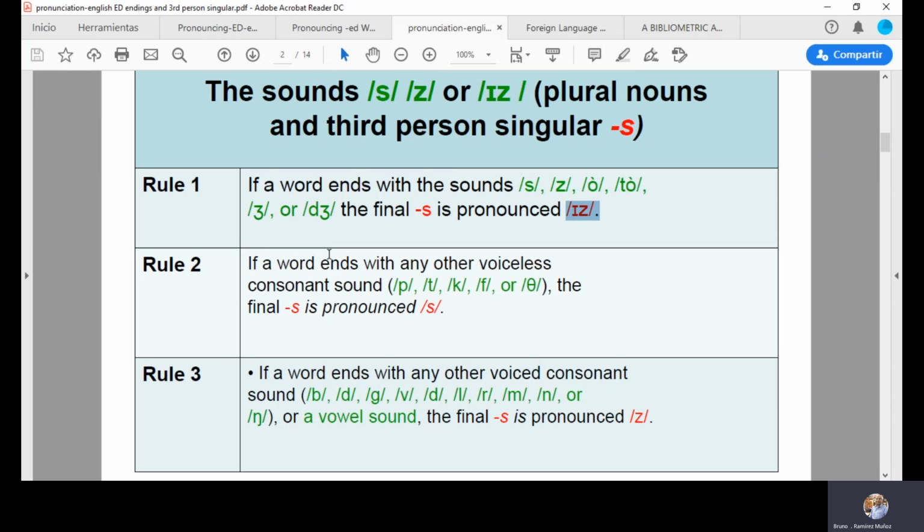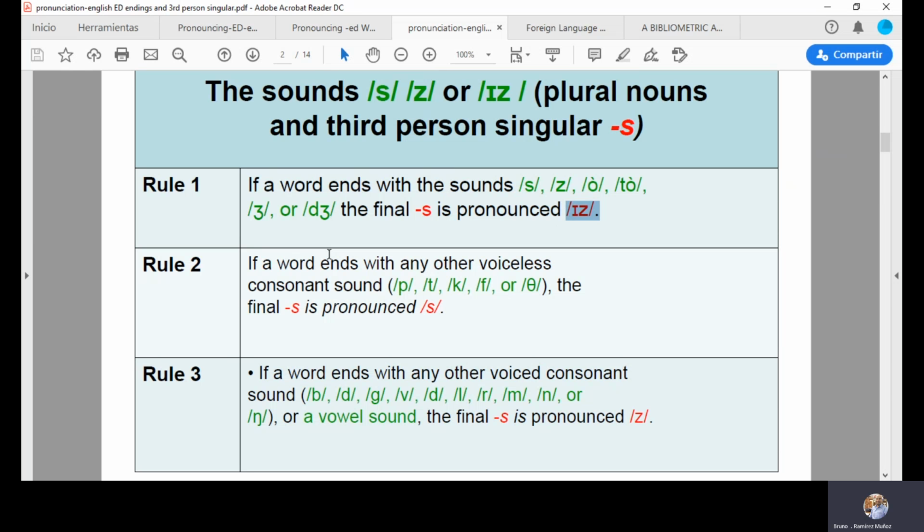For some speakers, this may turn into a schwa and a voiced z. So instead of watches with is, you get watches with a schwa and z, right? That's sort of the first main rule, adding an extra syllable. And the other rule is go from s to z.